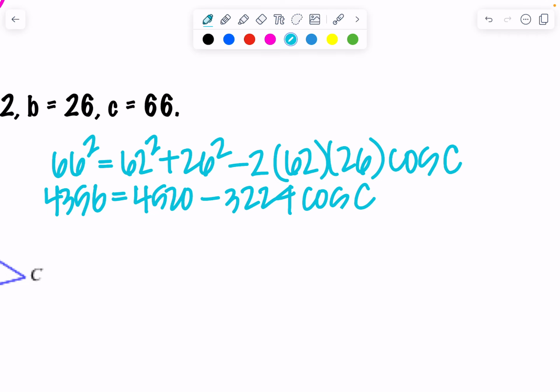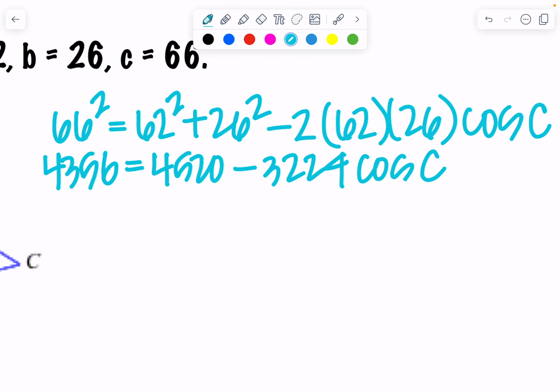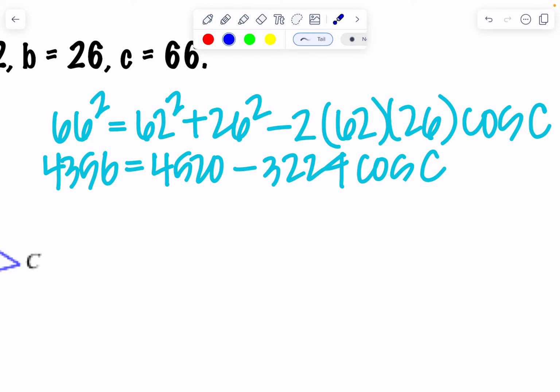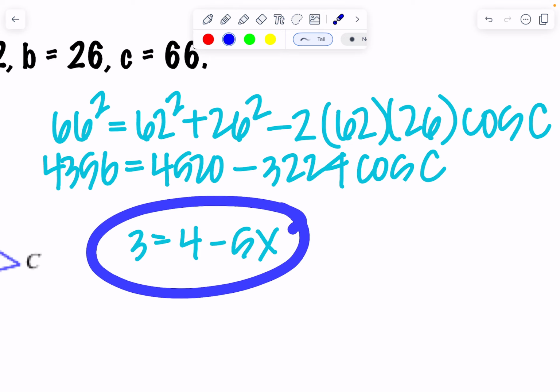Here's where big algebra issues happen. A lot of students are going to do this: 4520 minus 3224 and try to combine like terms like that. That is so bad. We cannot do that. Again, pretend cosine C is just like an x. If this was like 3 equals 4 minus 5x, you guys would never subtract 4 minus 5x, or you shouldn't, right? If you were to solve this problem, what would you do?